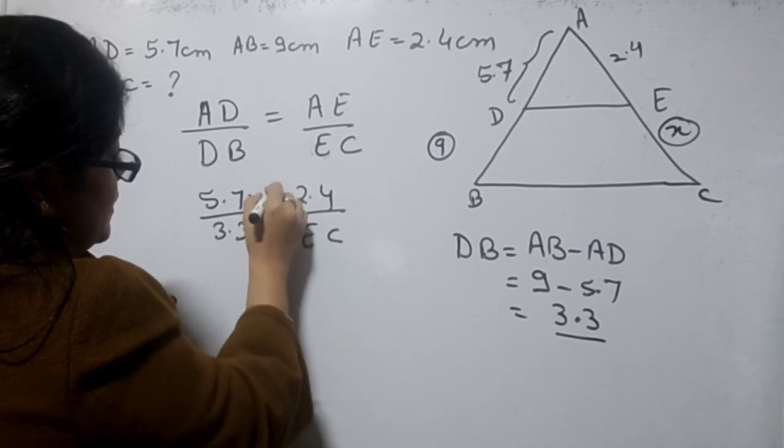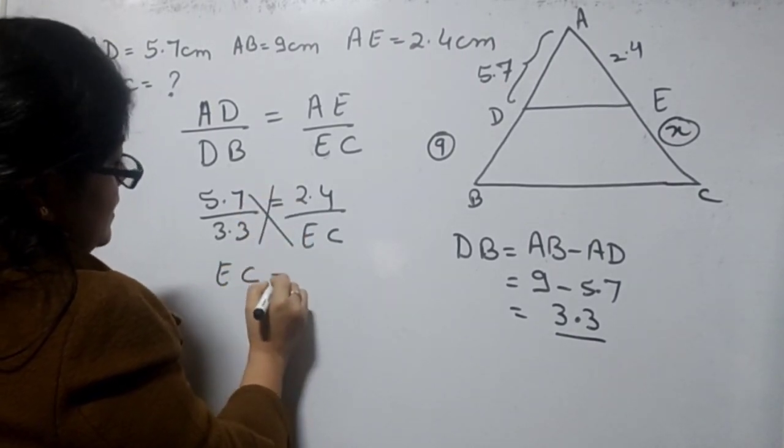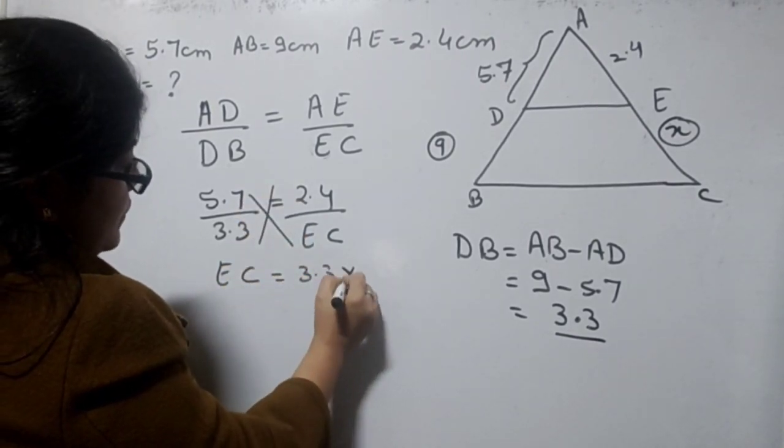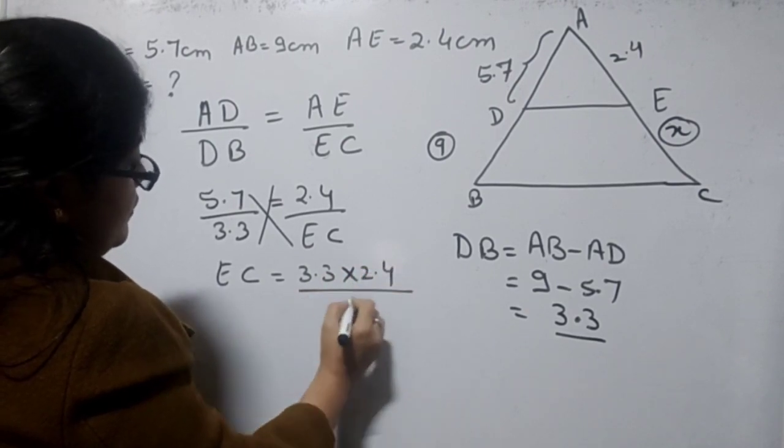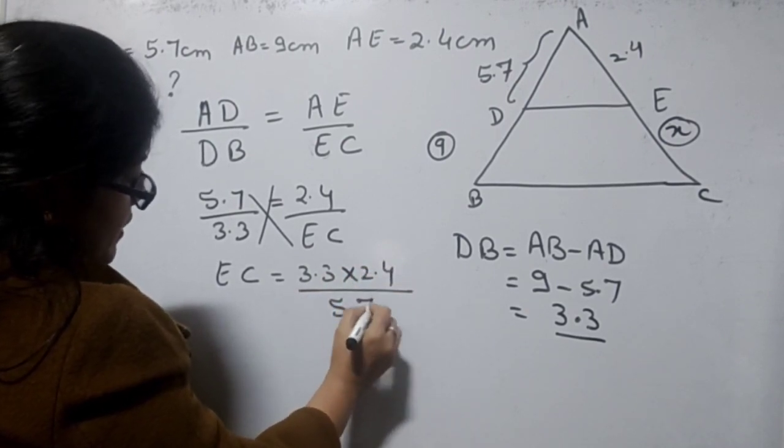When we solve it, cross multiply, we get EC is equal to 3.3 into 2.4 over 5.7.